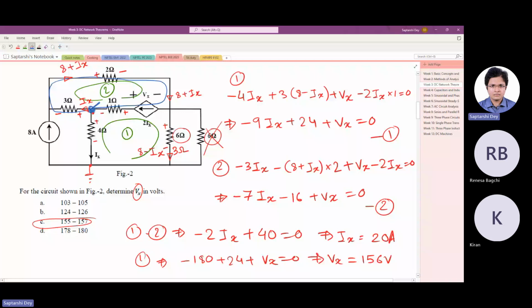This problem with node analysis will be difficult, I think. There will be too many unknowns.